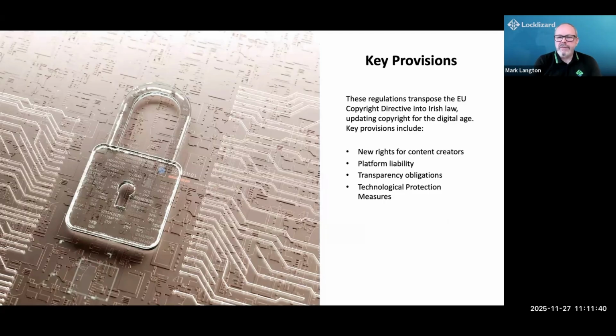So what are the key provisions pretty much across a lot of these different compliance and regulations? First, new rights for content creators. Those new rights are along the lines of enhanced ability for authors and performers to be remunerated through the content and the work that they create, and not to have that content and work taken, stolen, used inappropriately, whether knowingly or unknowingly.